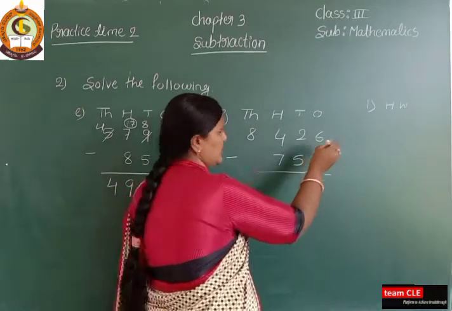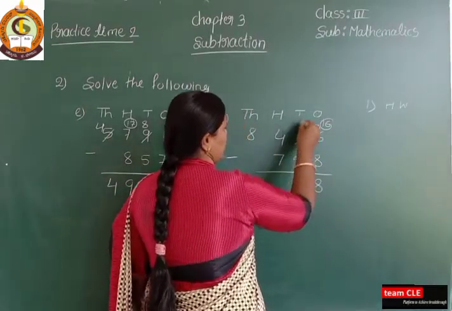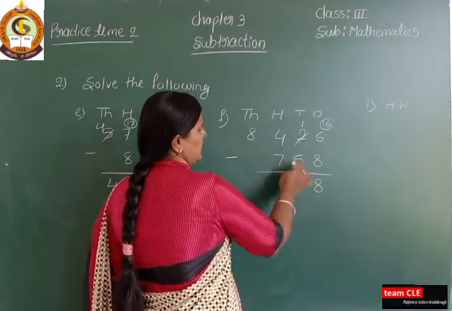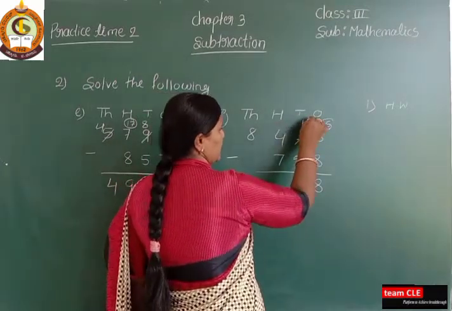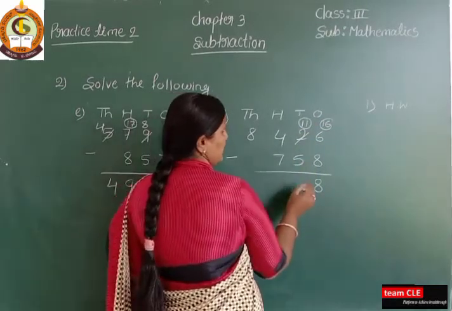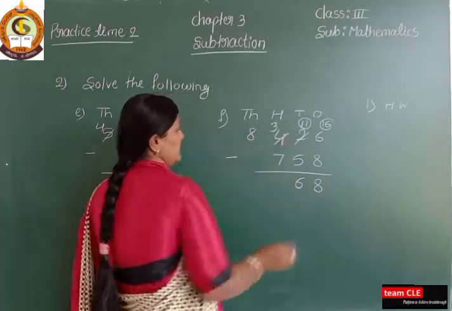That 10 plus 6 is 16. 16 minus 8 is 8. And instead of 2 here, 1 remains because already you took one group. Now 1 minus 5. This 1 is also less than 5, so again you have to take one tens group. That 10 plus 1 is 11. Now 11 minus 5 is how much? 6. And instead of 4 here, 3 remains.